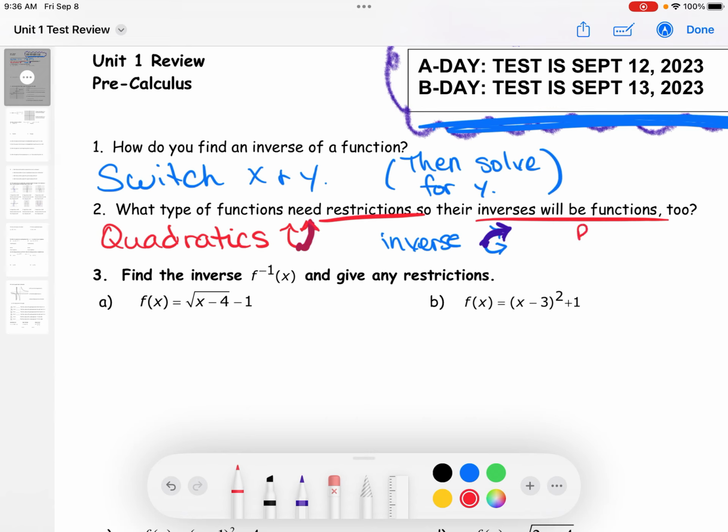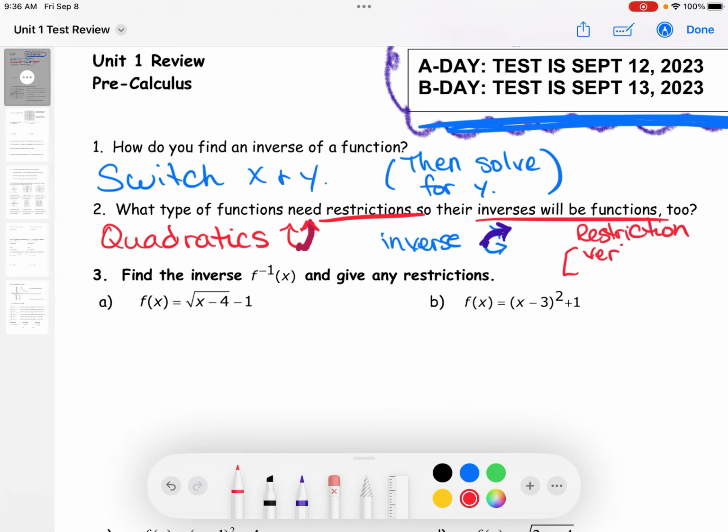So the restriction is always the vertex x coordinate to infinity, wherever that vertex is. It's only needed when we start with a quadratic. So let's take a look at finding some of these inverses.